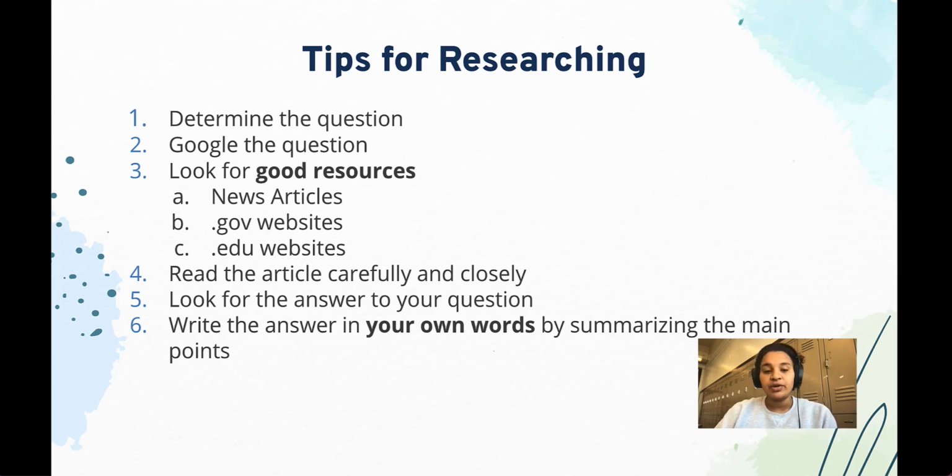Once you find your answer, you're going to write the answer in your own words. This is an extremely important step that many students forget to do. You want to make sure that you're writing the answer in your own words, because that will prevent you from plagiarizing someone else's work. Plagiarizing is just another word for copying.